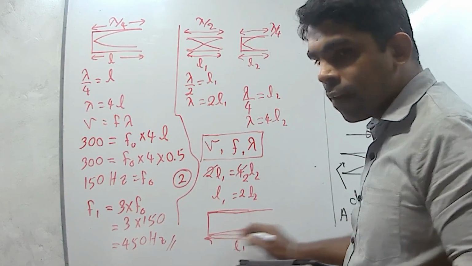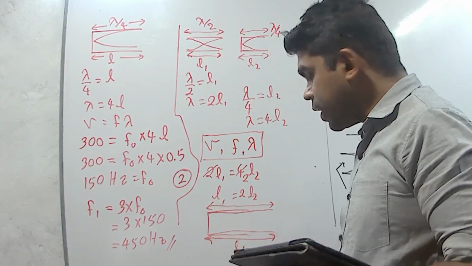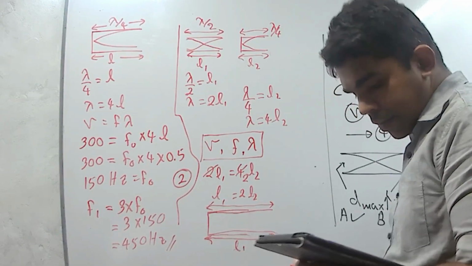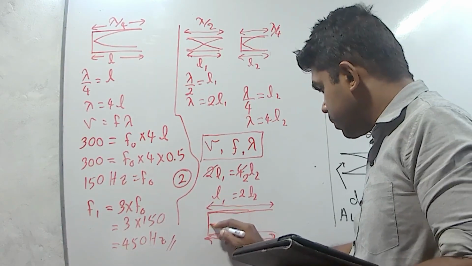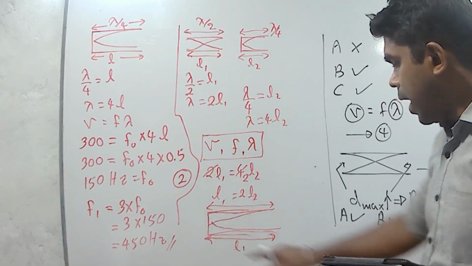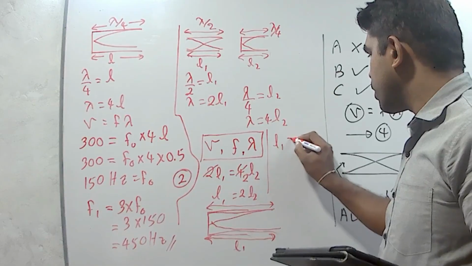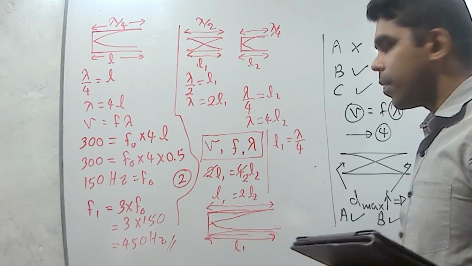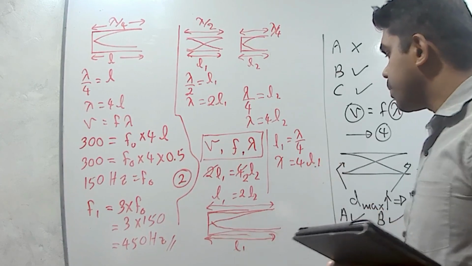And when considering the fundamental, the wave pattern should be like this. Then L1 equals lambda over 4. Now lambda is 4 times L1.